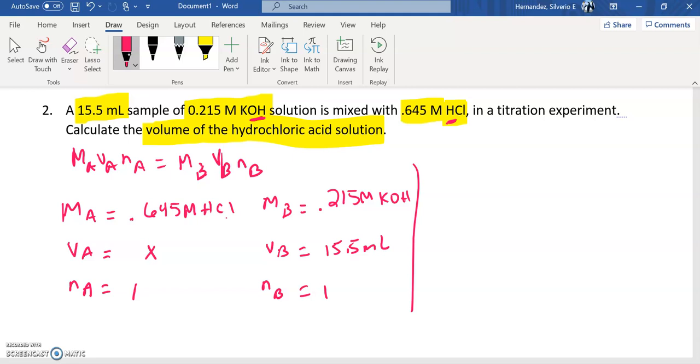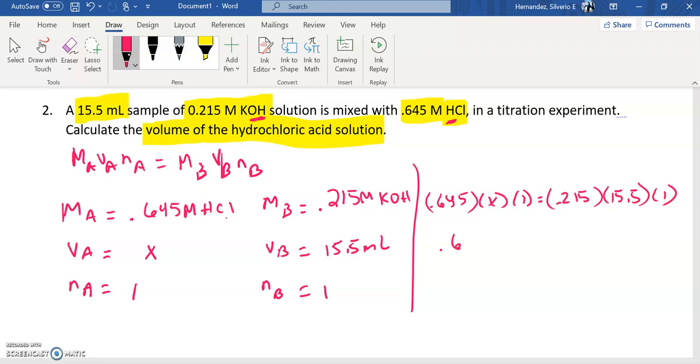So setting up this problem, I'm going to get 0.645 times x times 1 is equal to 0.215 times 15.5 times 1.